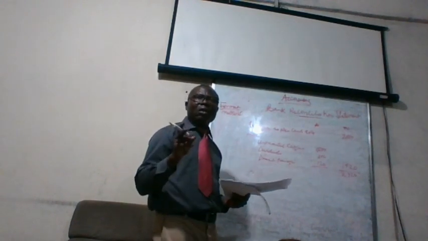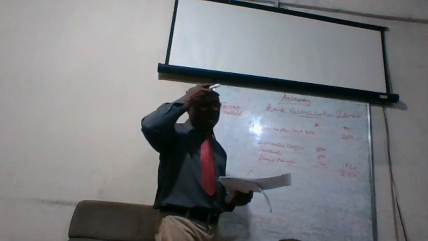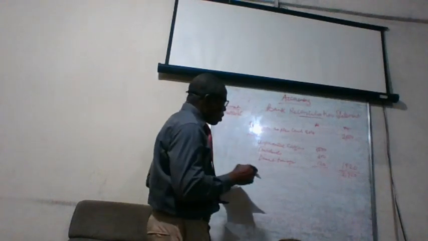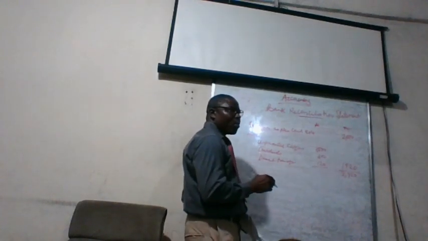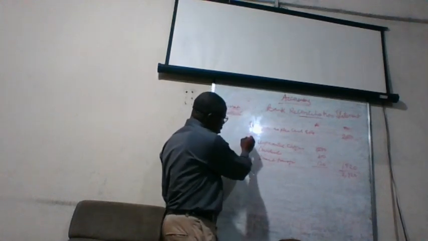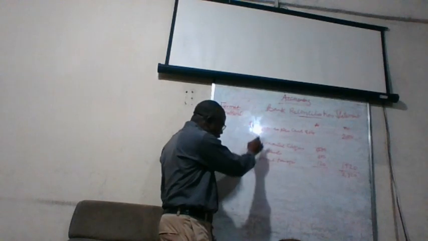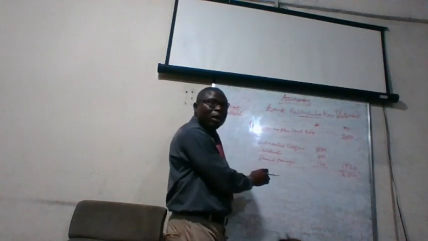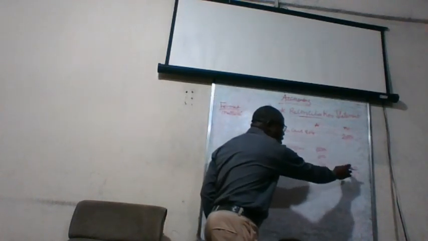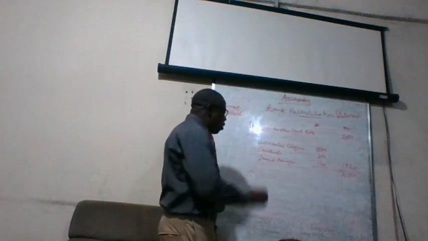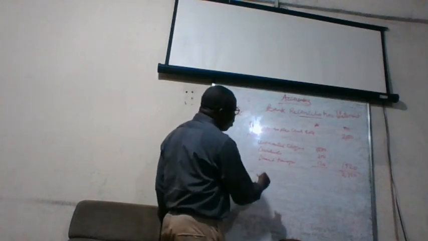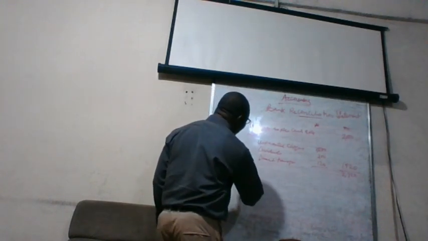Any friends who don't understand? This balance, we add. I just sum up this, then add this to this and give me this. Now, since we are working towards the balance as per bank statement, what do we do?